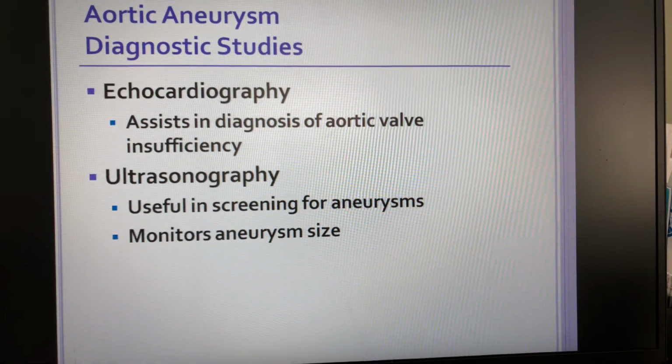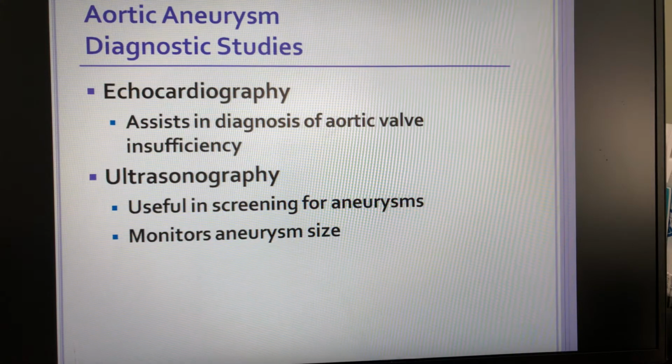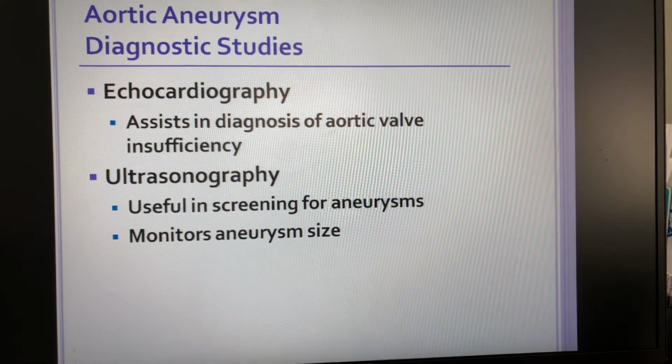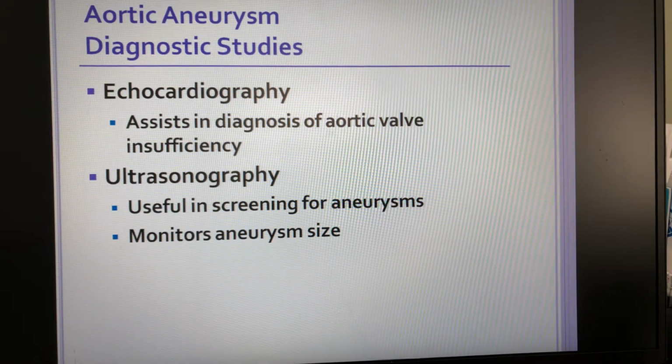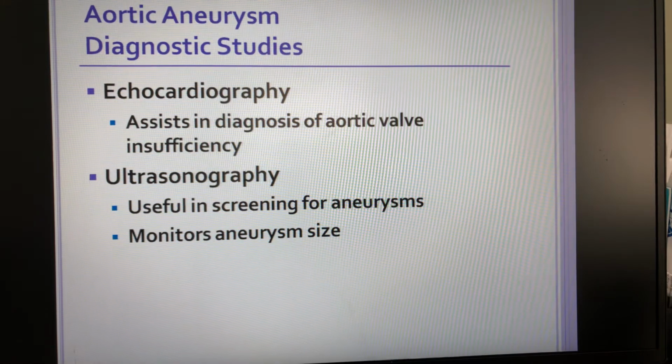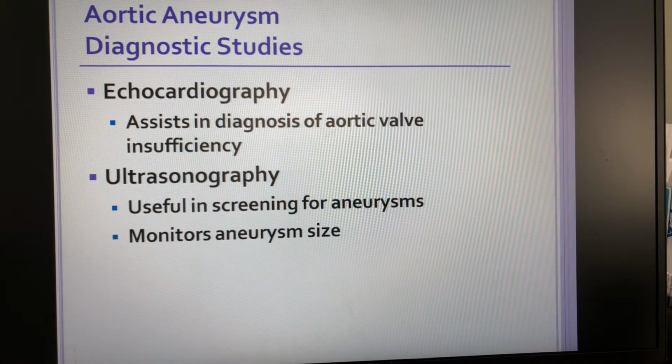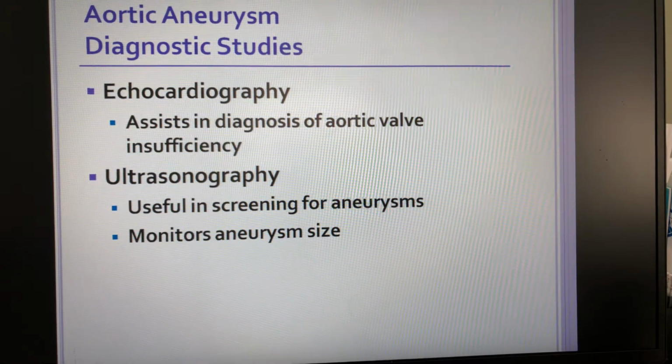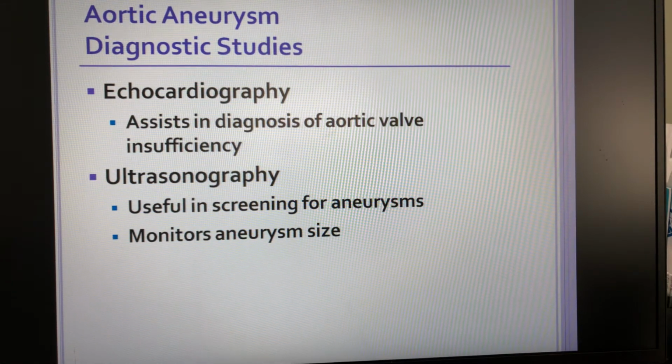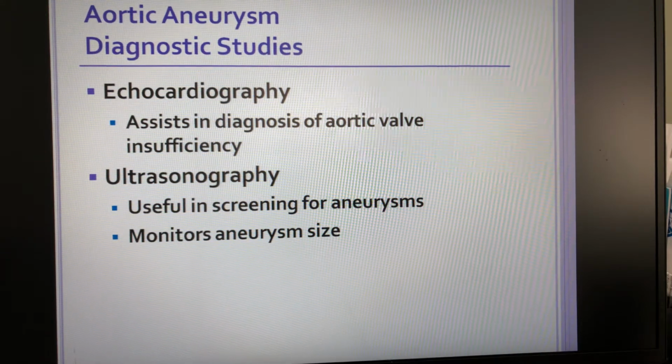They also can do echocardiography, which assists the diagnosis of aortic valve insufficiency, and they also can do ultrasonography, which is an ultrasound pretty much, which is useful for screening of the aneurysm, and it also can monitor the size of the aneurysm.